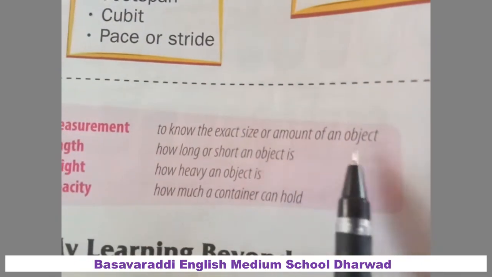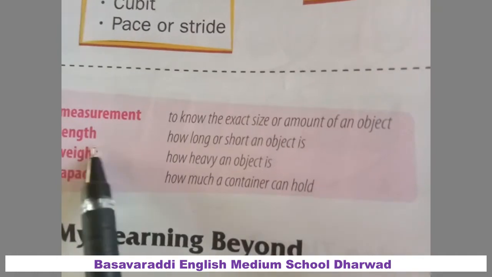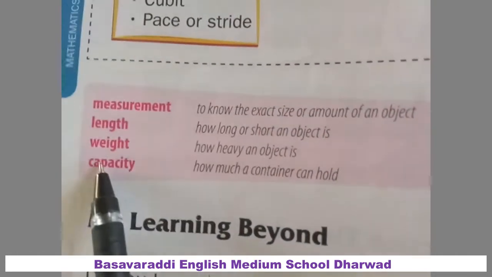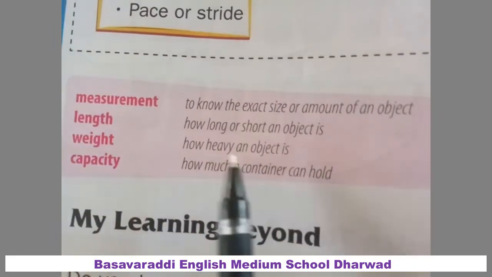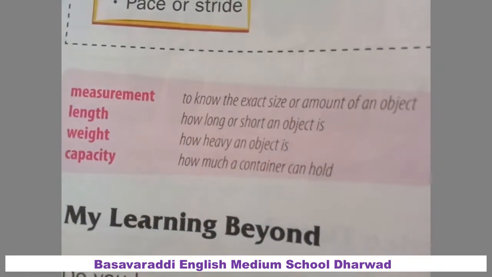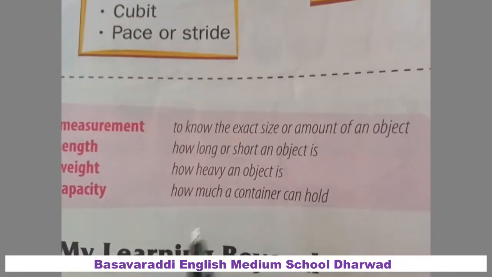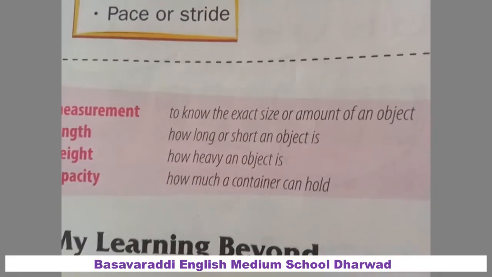So this is what measurement means, to know the exact size or amount of an object. Length means how long or short an object is. Weight means how heavy an object is. Then capacity is how much a container can hold.